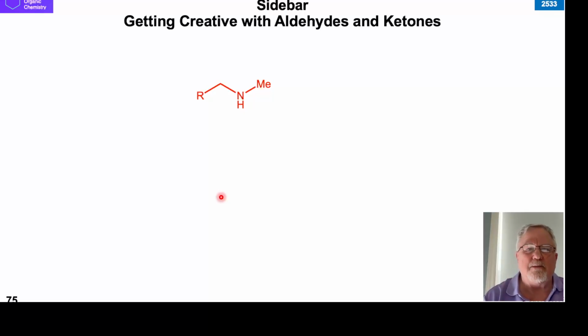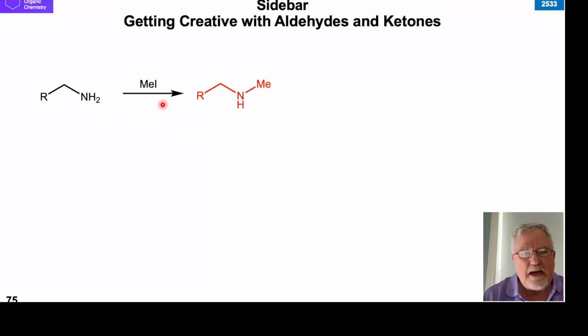Okay, so let's take a little sidebar. We're still talking about reductions here. You guys saw last semester that you can use an amine to react with something like methyl iodide, and you methylate and now make a secondary amine. As it turns out, this amine is a slightly better nucleophile than this amine.